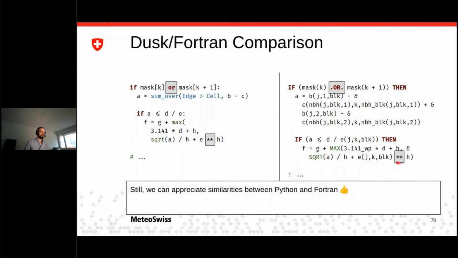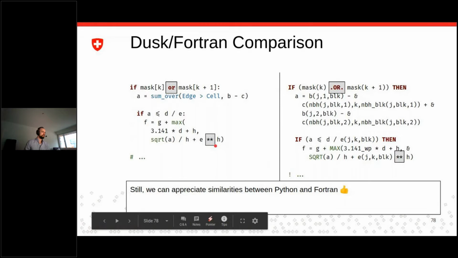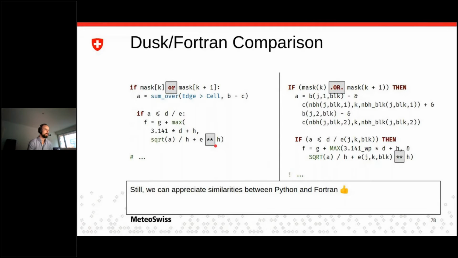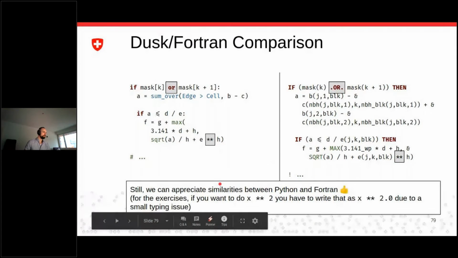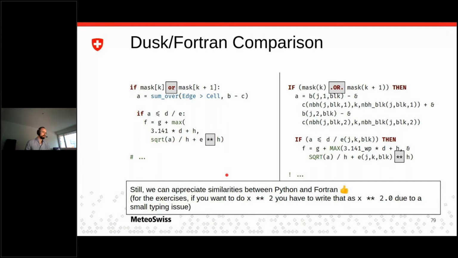And next is the power operator. Python also has this, and I think there are even less popular programming languages that have this similarity. So we automatically benefit from some of Python's similarity to Fortran. Also, a word of caution for the exercises.